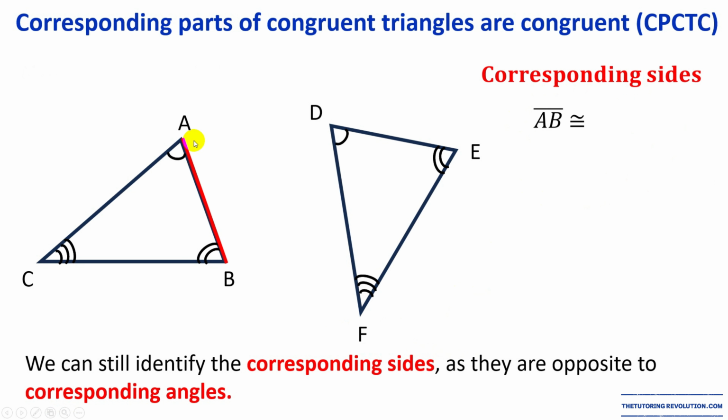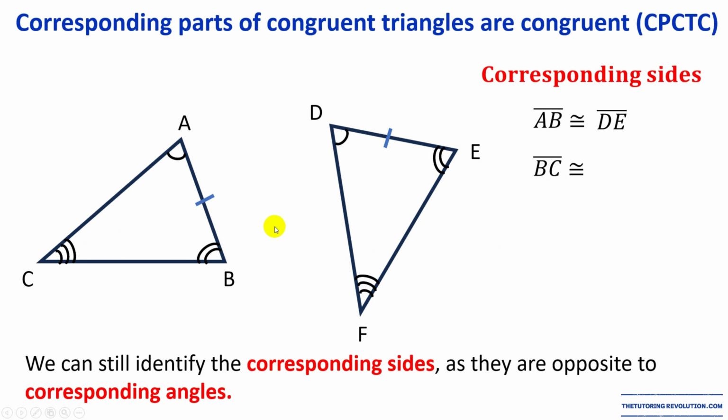Side AB, which is this one here, is opposite to angle C, which has 3 arc marks. So in this triangle, we identify the angle with 3 arc marks, and we can see that DE is going to be opposite to that angle. Therefore, AB and DE are corresponding and also congruent. Now, we label them with one tick mark.